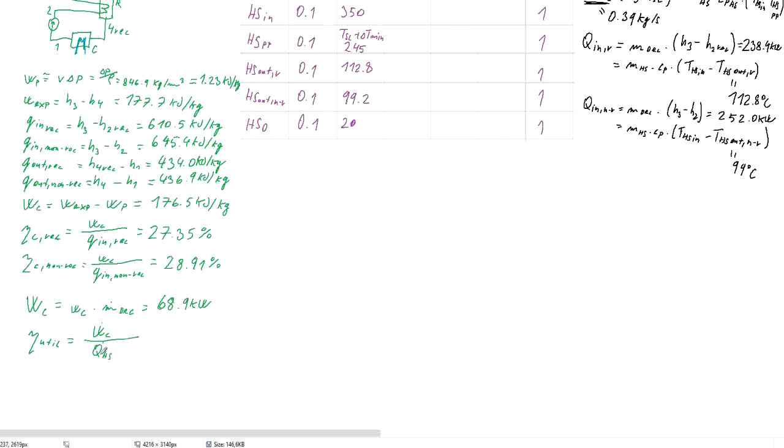The heat content of the heat source is actually the same as it was before, because it's just a parameter of the heat source, nothing changed in there. Mass flow rate of the heat source stays the same as in the previous problem, Cp stays the same, and temperature of the heat source in also the same, and temperature of the ambient also the same.